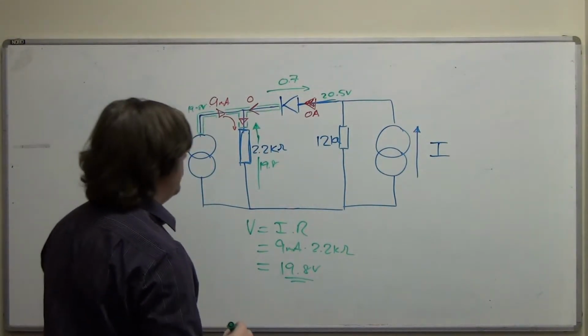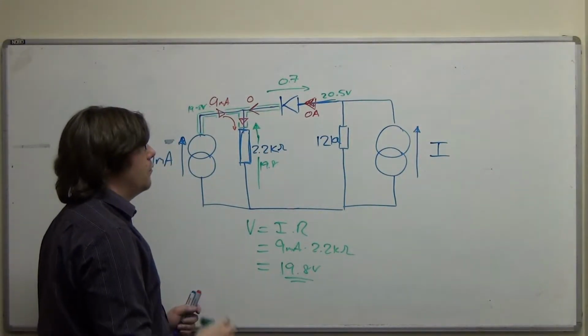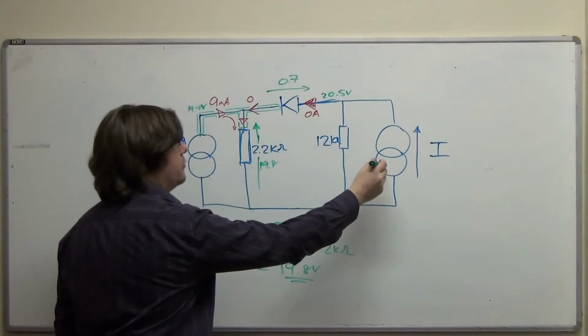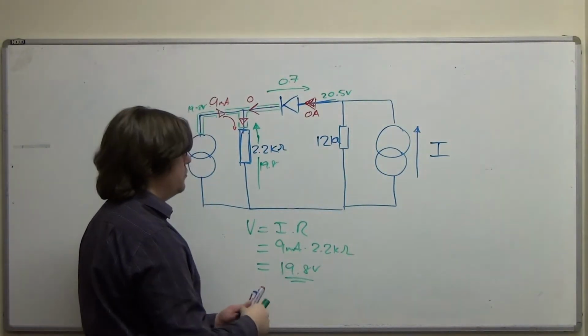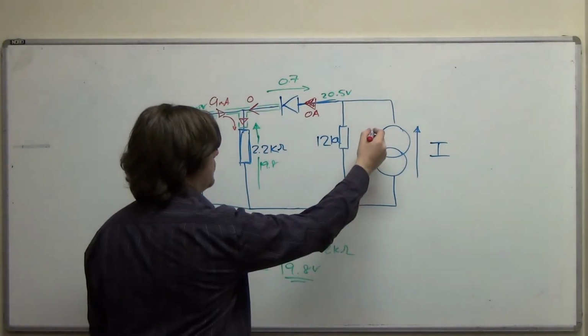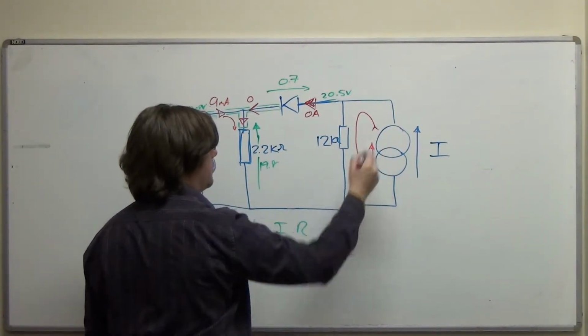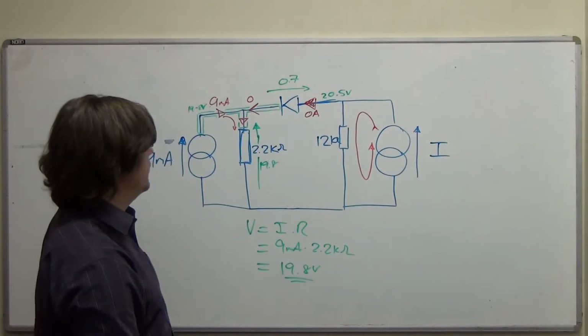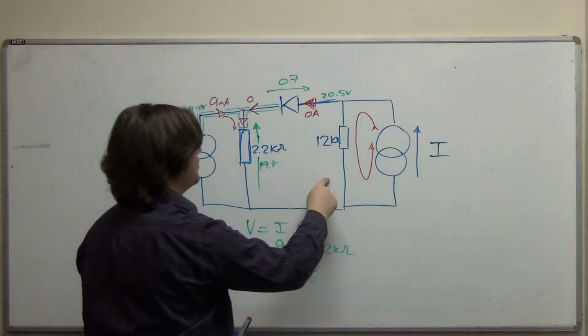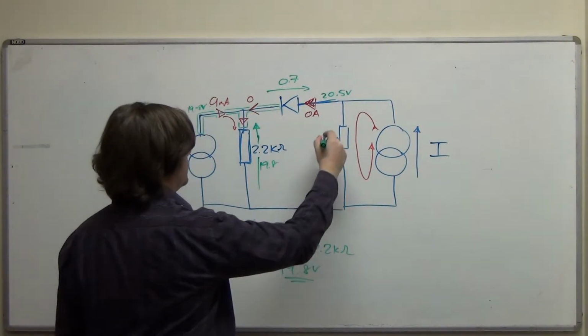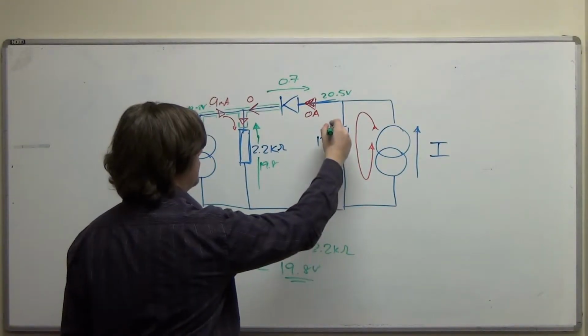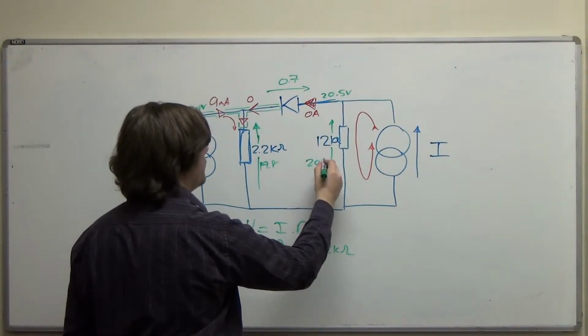So now our question becomes, what current do I have to put through this 12k resistor? What current do I have to put through the 12k resistor to make it have across it 20.5 volts?